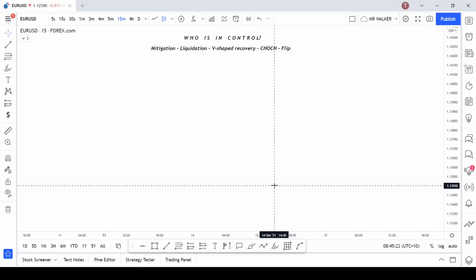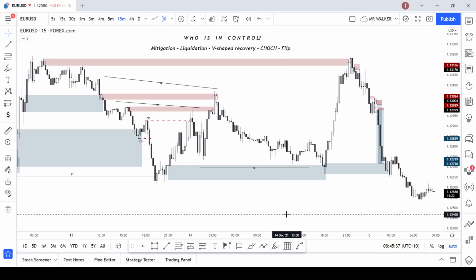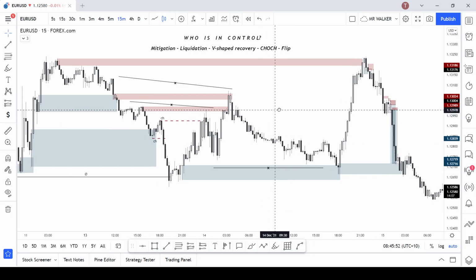Well, the main reason is that there was no interaction between buyers and sellers yet to be seen, which then leads to the fact that there was no change in control, which means that if you were looking to buy, there was no indication to buy yet because the sellers or supply is still in control. Okay, I hope that makes sense.